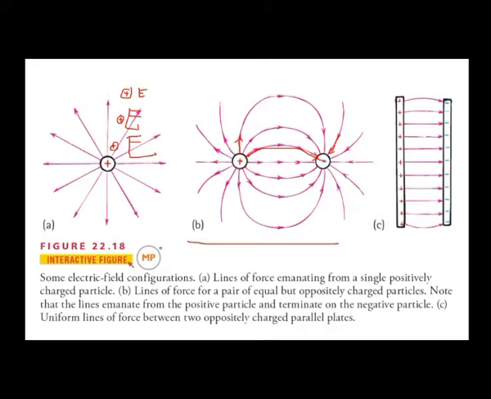So again, when there is a disturbance in the electric field, the electric field lines tend to bend. If there's another charged particle, that charged particle would feel its presence by a disturbance in its electric field direction.